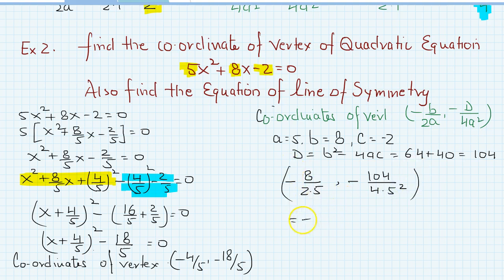So that is equal to minus, this is 4 over 5, and this one is 4 times 2 is 8, and 4 times 6 is 24. So that is 26 over 5 is 25.